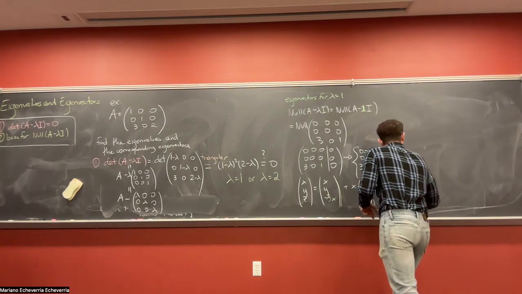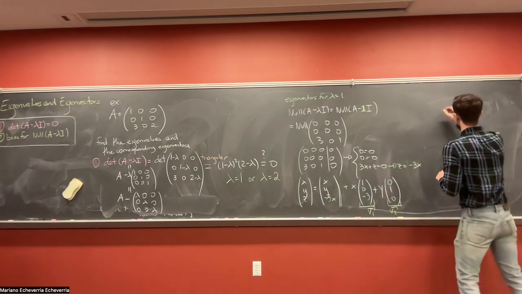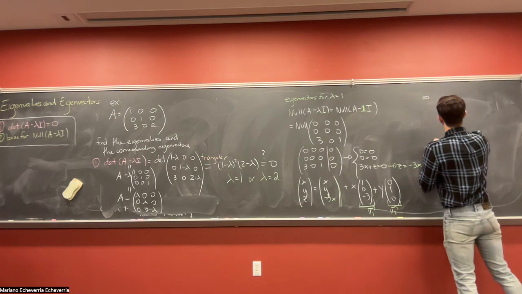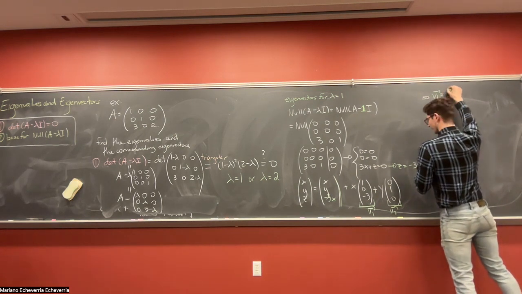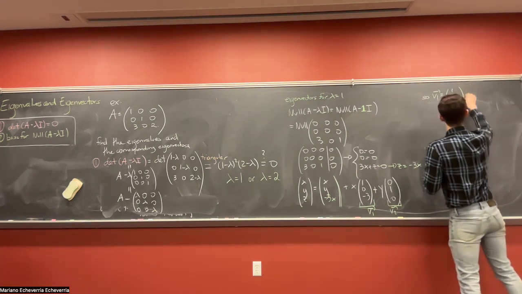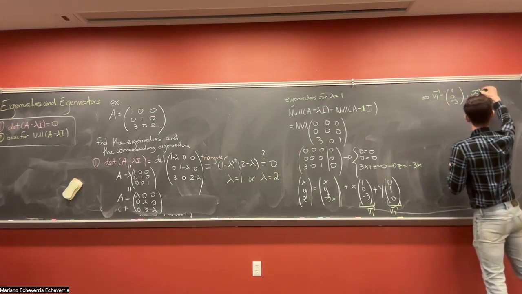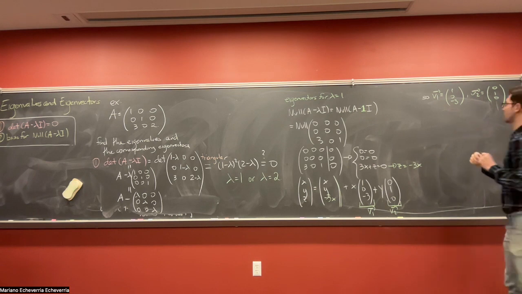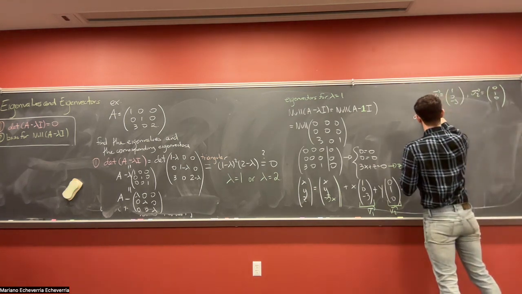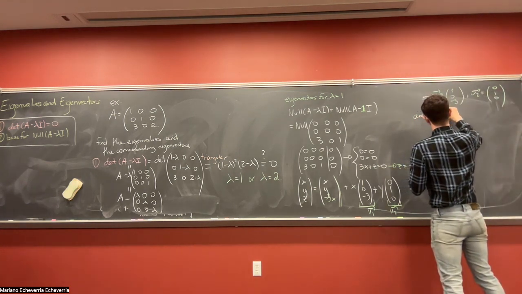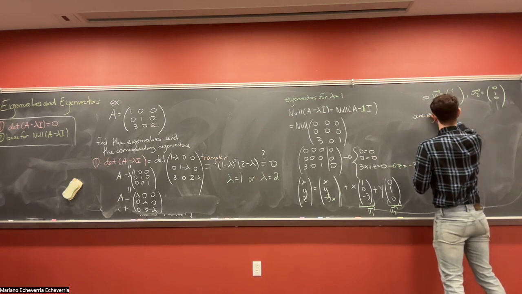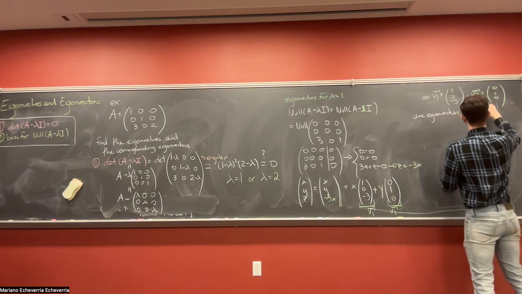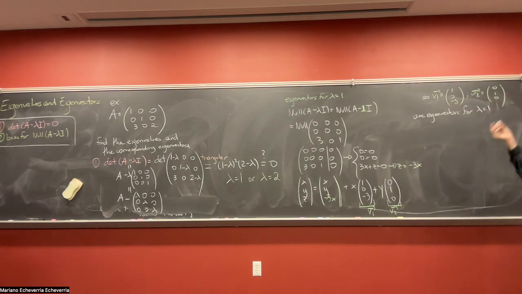I'll write it there on the top. So V1 and V2 are eigenvectors for the eigenvalue lambda equals 1. And any other eigenvector of this eigenvalue is a linear combination of these two.